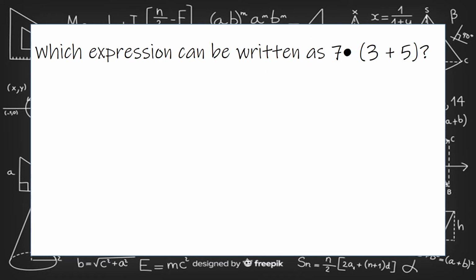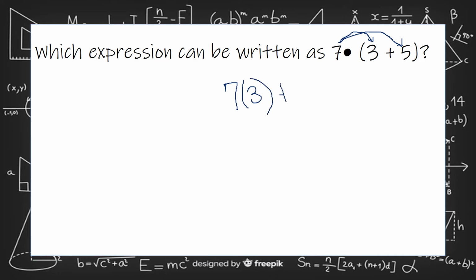Which expression can be written as 7 times the quantity of 3 plus 5? On your test, they actually give you choices here, but we're going to look at how it can be written. This 7 times 3 plus 5 can be distributed using the distributive property. The 7 can be multiplied by the 3.